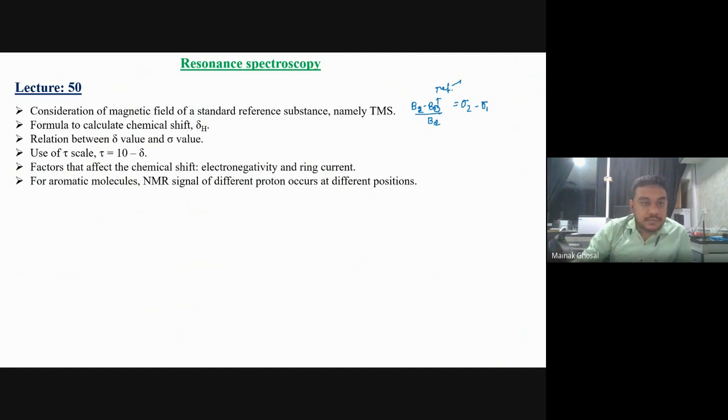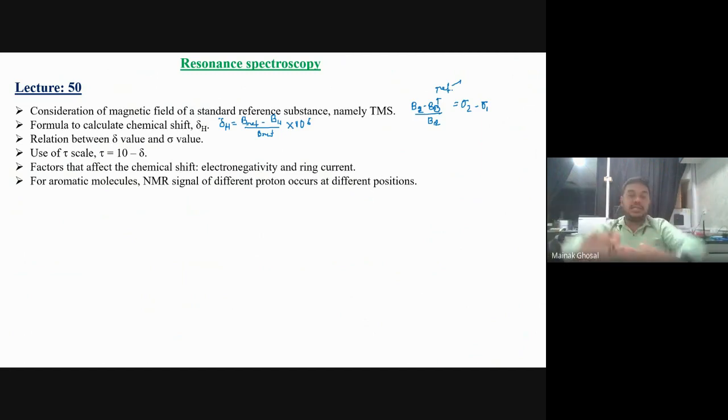The formula to calculate this chemical shift was also discussed. This chemical shift can be expressed as sigma H equals B reference minus BH, divided by B reference. Since they are coming in the unit of 10 to the power minus 6, you need to multiply it by 10 to the power 6, so it will give you some number.